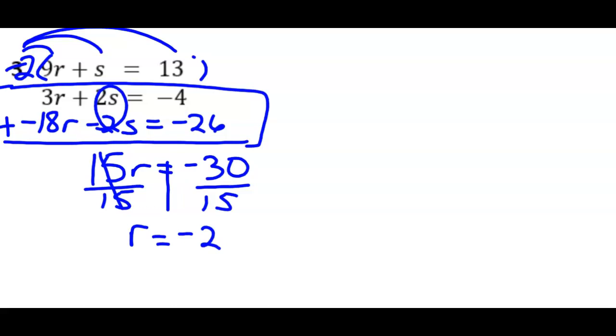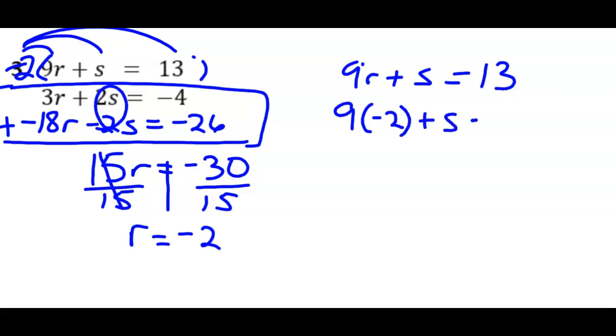Now, what am I going to do with this? Put that into my original equations, one of them. Okay? So, my original equation was 9r plus s equals 13. R is -2. 9 times -2 plus s equals 13, and so on. And for that one, you should get -5. No, I messed something up. Did I mess something up?